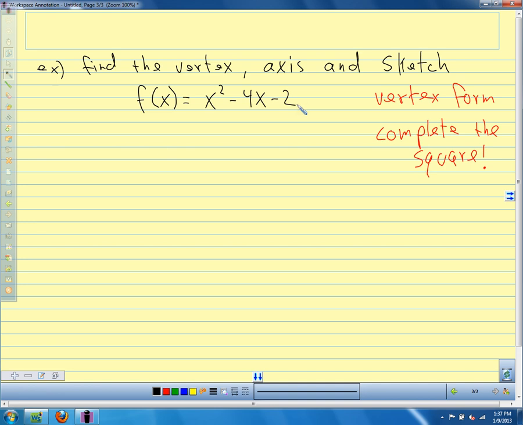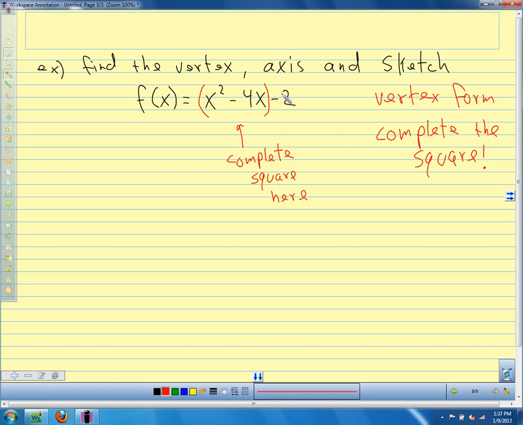So what I'm going to do when I complete the square is just look at the x squared minus 4x part. I'm going to complete the square just on this part.